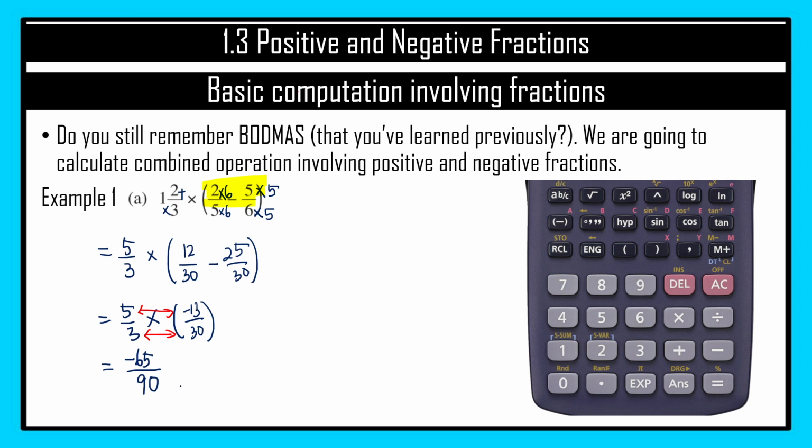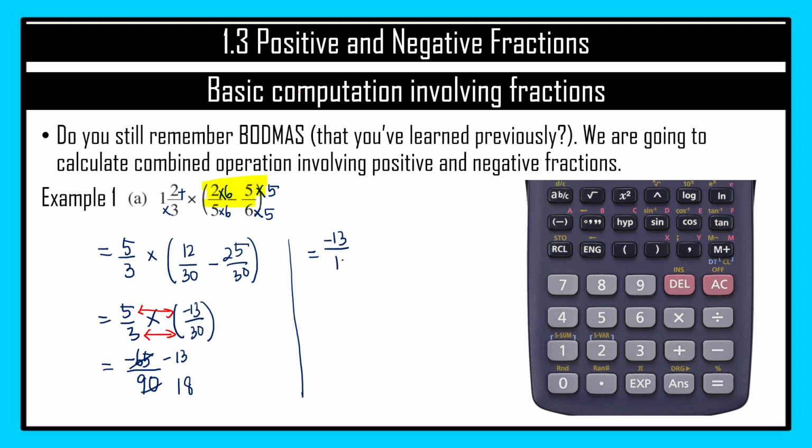Now we are going to check whether we can simplify any of them. There is 5, there is 0, means that the number can be divided with 5. So negative 65 divided with 5, you get negative 13. And then 90 divided with 5, you get 18, which is like this.